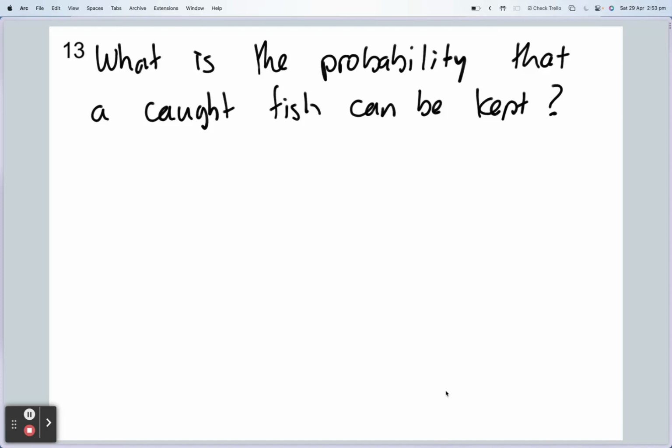So first of all, we need to set up our random variable and we need to model our normal distribution. So I might just change color just so it stands out a bit more. So we're going to say let X be the random variable of the fish length.